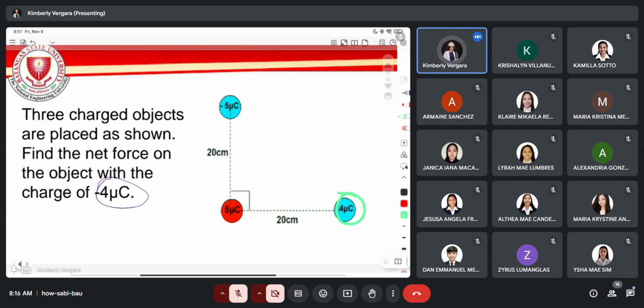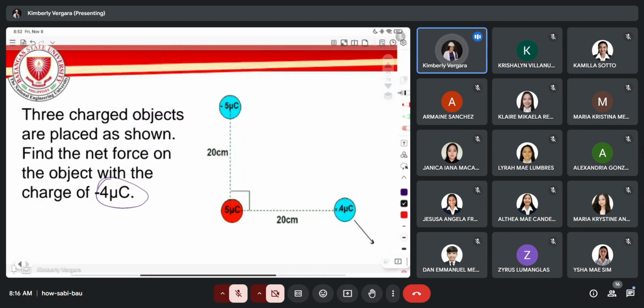Ano po ang magiging force kapag meron po tayong negative 5 microcoulomb and 5 microcoulomb? Kasi 3 charges tayo eh. Mapapansin niyo po dito para sa negative, papalayo po.